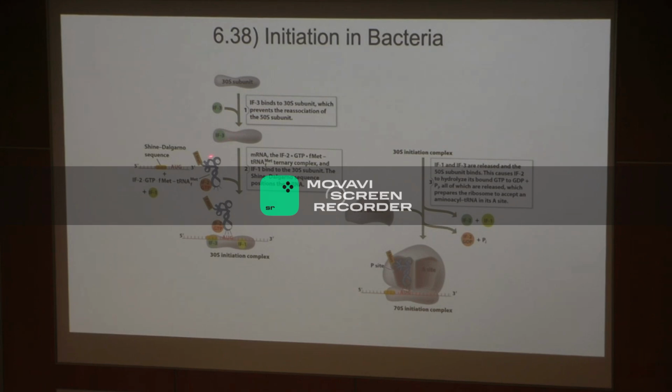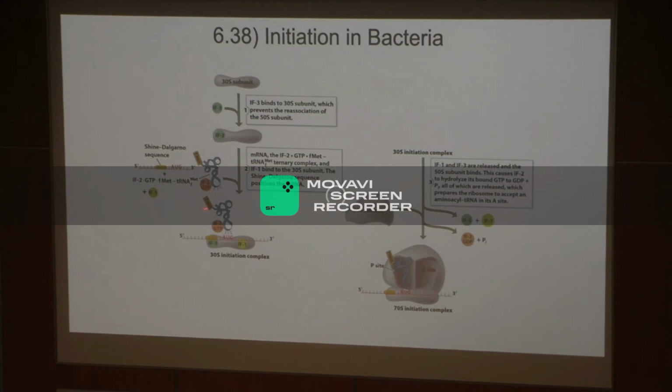It binds now to the initiator tRNA, the formyl-methionyl tRNA, fMet, and it binds to the messenger RNA, which contains the Shine-Dalgarno sequence, and binds therefore to a sequence near the 3' end of the ribosomal RNA. The ribosomal RNA is not shown here.